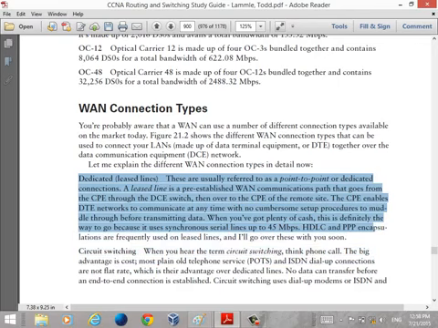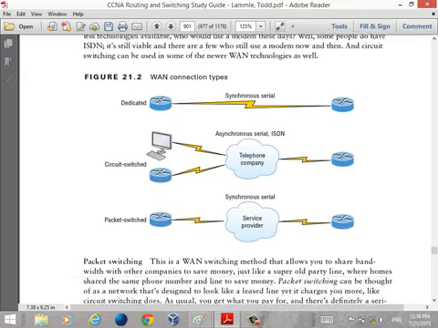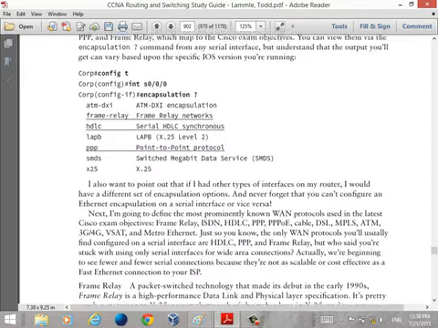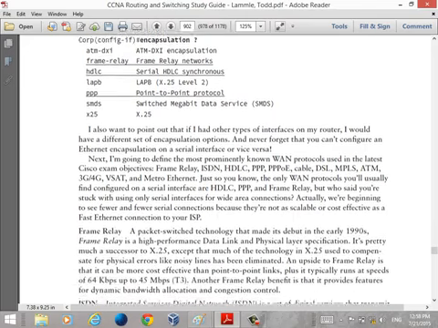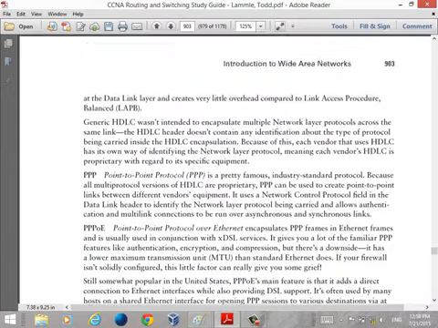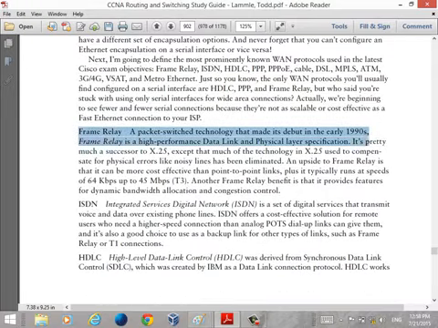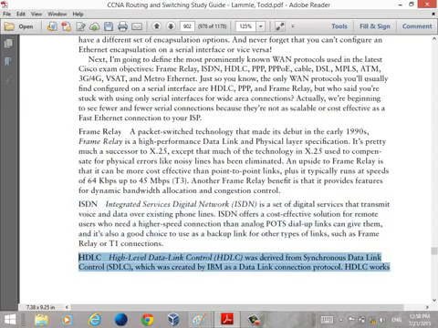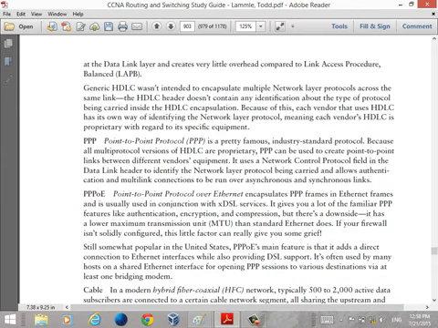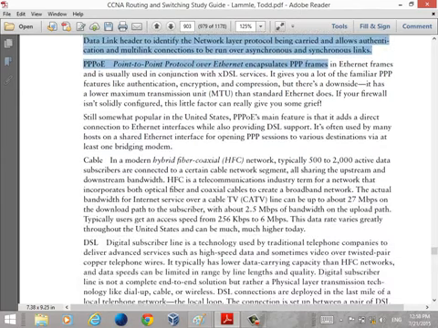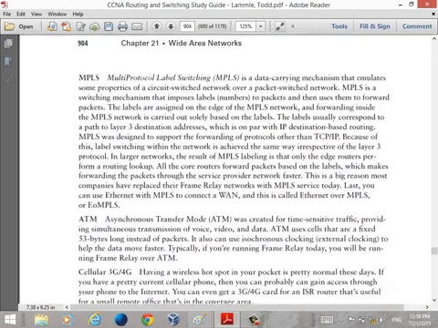Leased lines, because circuit switching and packet switching are not used nowadays. Here you can read about Frame Relay, you can read about ISDN if you want to, otherwise leave it. You can read about HDLC, PPP, PPPoE. You can leave all other things, no issues.